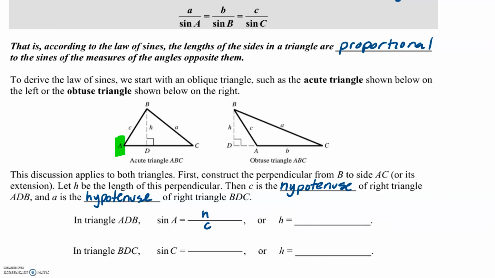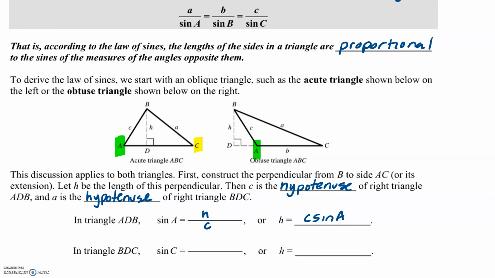Or if I solve for h, multiply both sides by c, I get h is equal to c sine of A. And by the way, again, that is true for both triangles. If I look at this, the sine for the left triangle is still h over c. So now let's look at the right triangle.